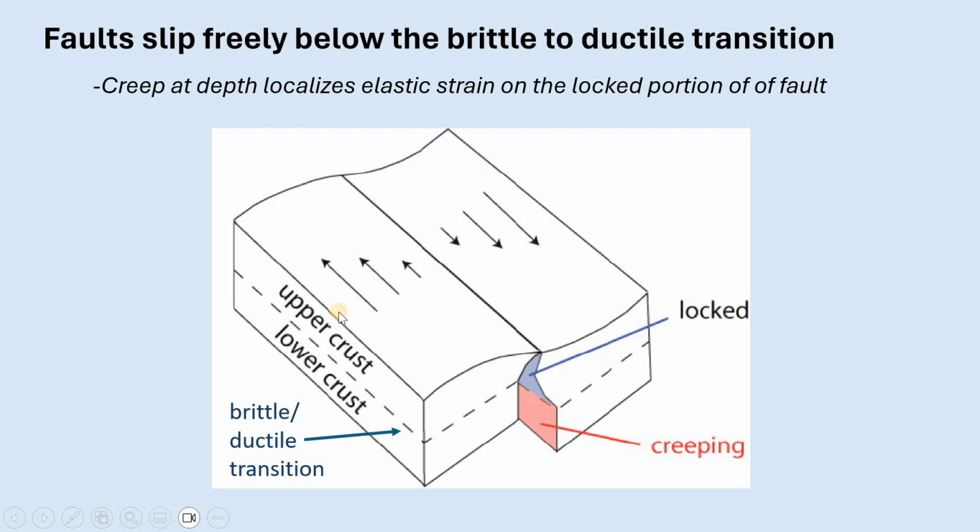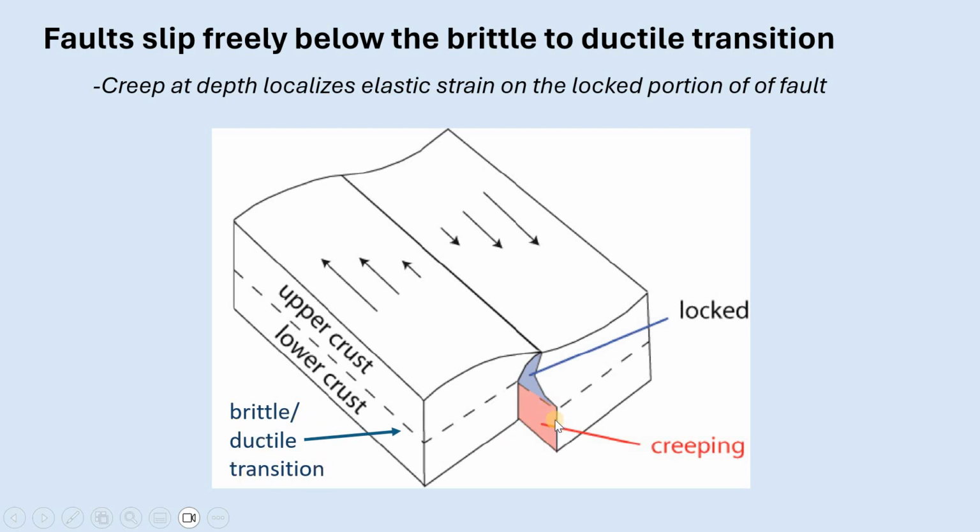So not only are the plates moving freely far away from the fault, but those plates are actually slipping freely past each other at depth at the bottom of the fault zone. And we'll often think of this as being below what we call the brittle to ductile transition.